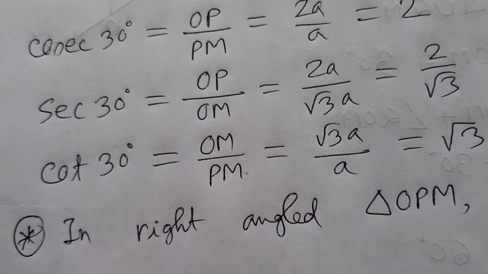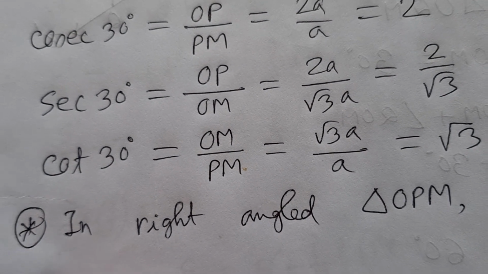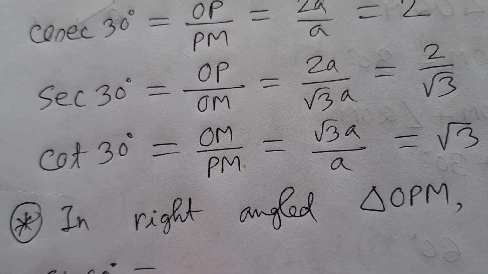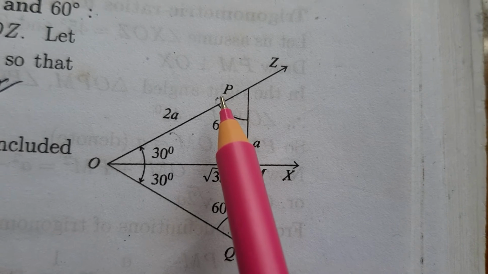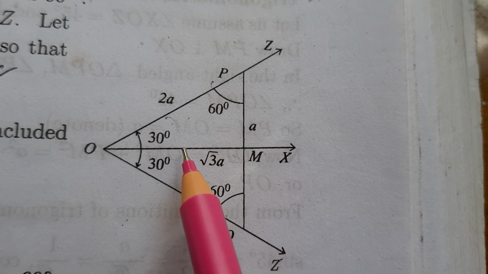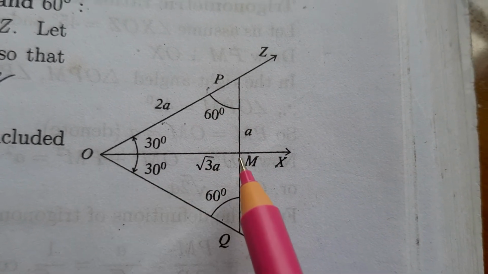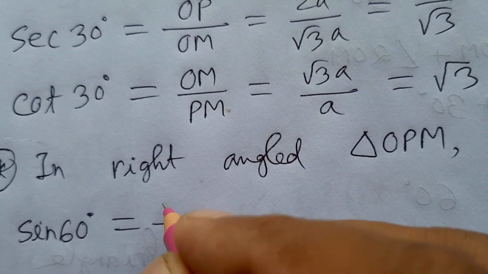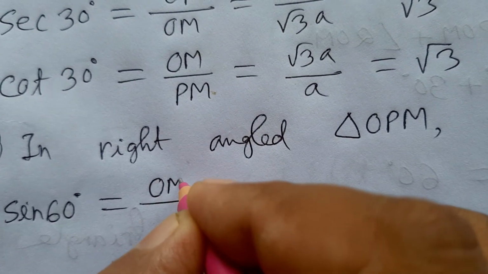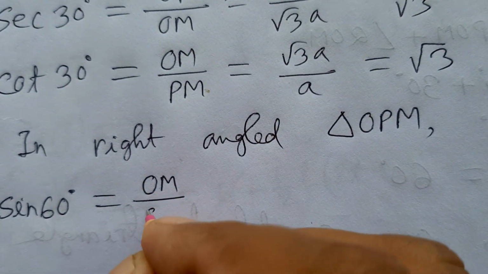We know the formula: sine 60 degrees means perpendicular in the numerator. Here this is 60 degrees, so the perpendicular is its opposite side, that is OM. So we can write sine 60 is OM by OP.